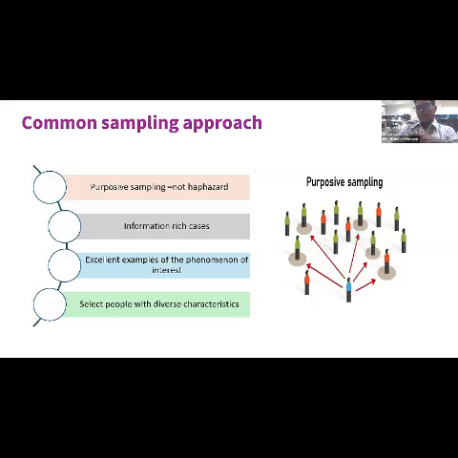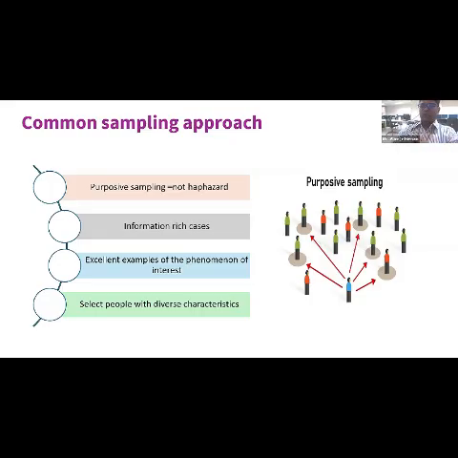I am selecting that person based on the characteristics of our study subset. This helps to understand their behavior, such as their sexual behavior and whether they are using condoms or not.